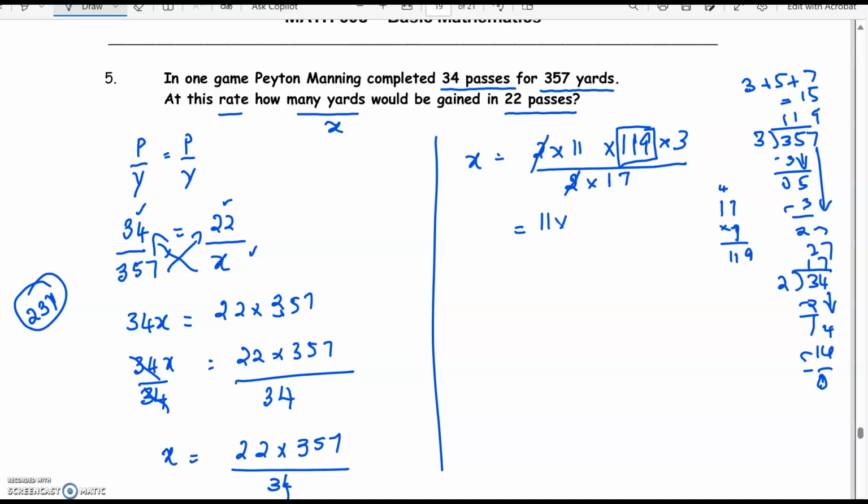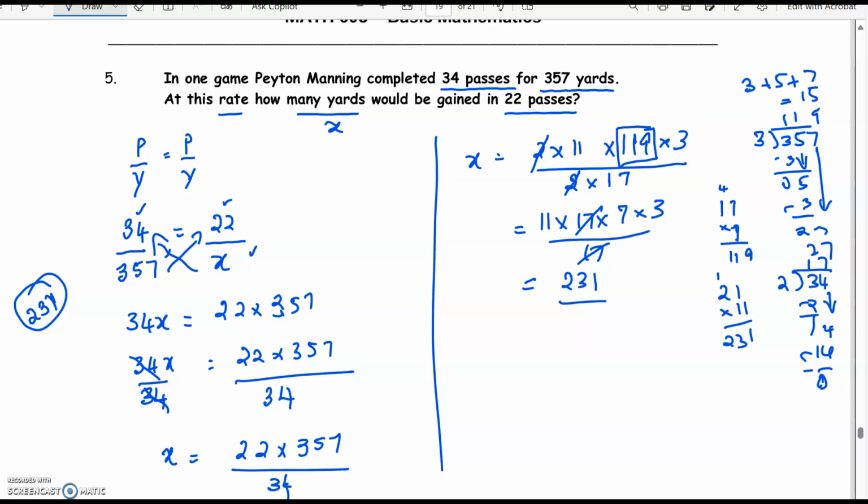So that worked out. So that's 17 times 7 is 119. And we divide by 17, cancel the 17s, and then we have 21 times 11. 11 ones are 11, 11 twos are 22, so that's 231.